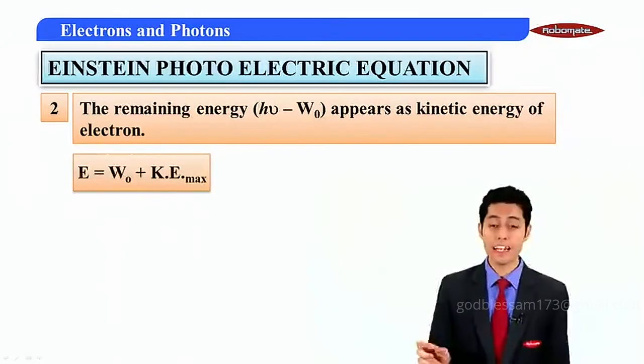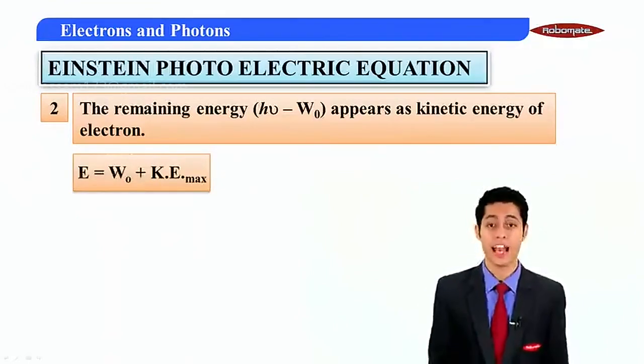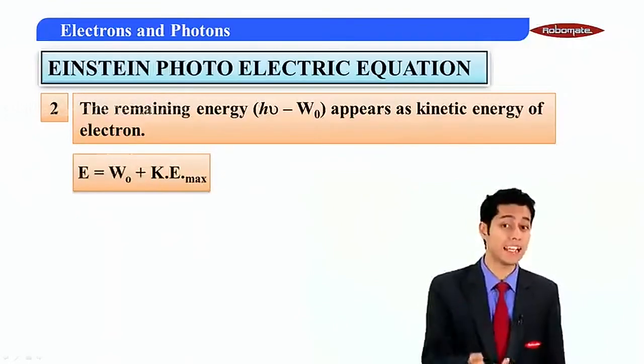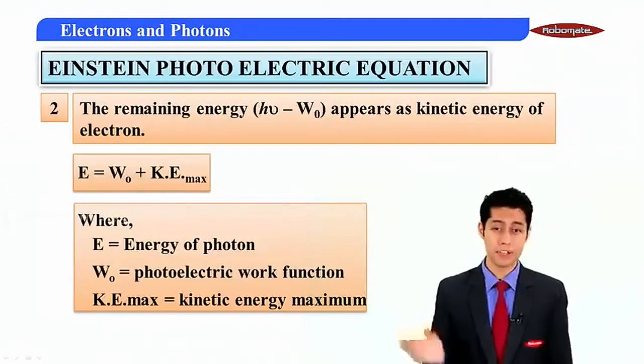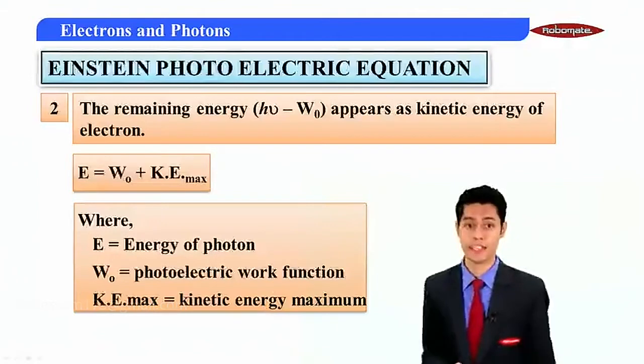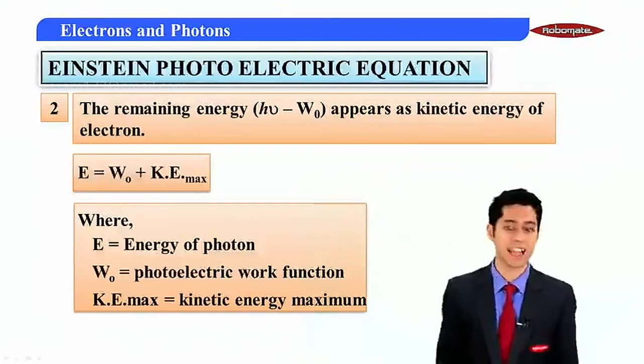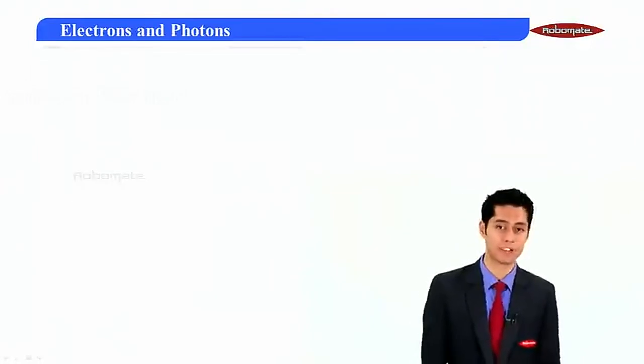Hence, we get the final equation: energy of incident photon E equals work function W naught plus kinetic energy maximum, KE max, of the electron.